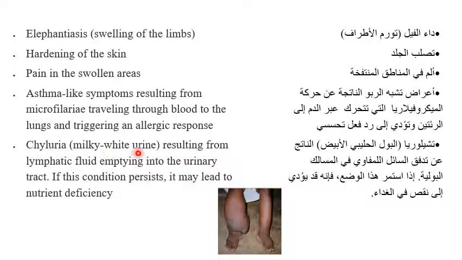Also, milk-white urine resulting from lymphatic fluid emptying into the urinary tract. If this condition persists, it may lead to nutrient deficiency. As you see in the picture, this is a case of elephantiasis.